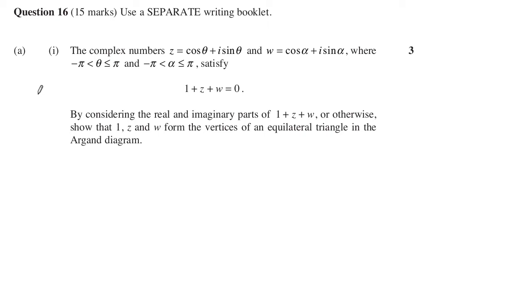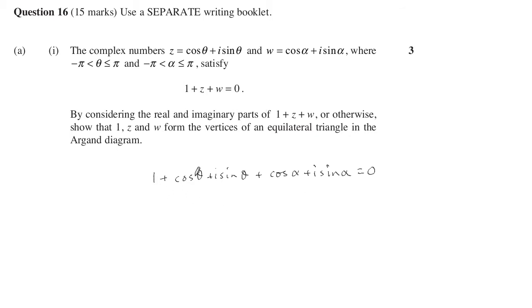Question 16a. All right, let's start by writing down this equation with these plugged in. So we got that, and then we want to look at the real and imaginary parts.